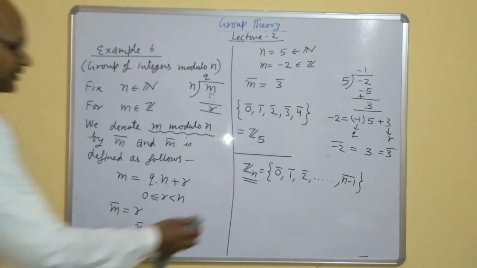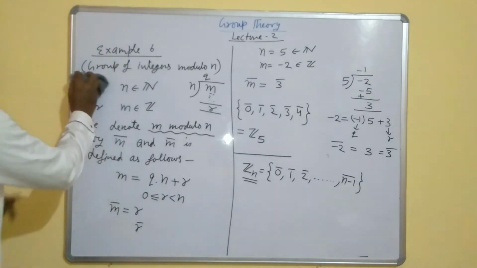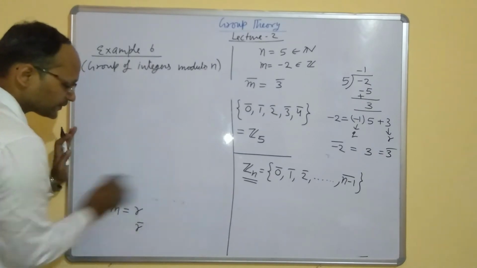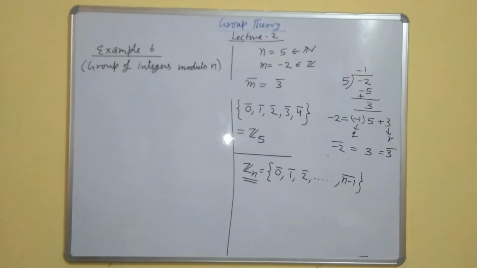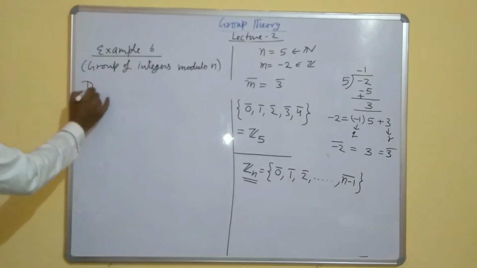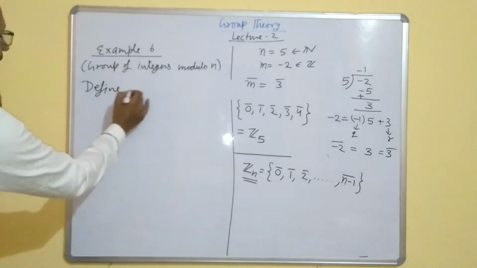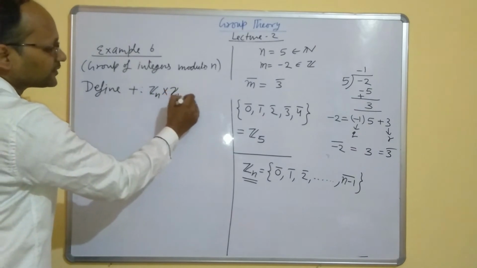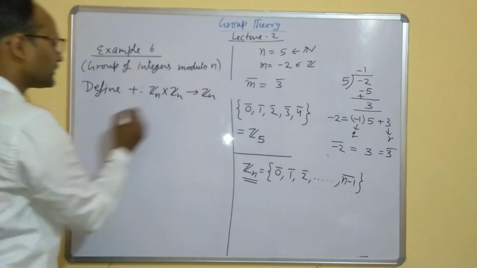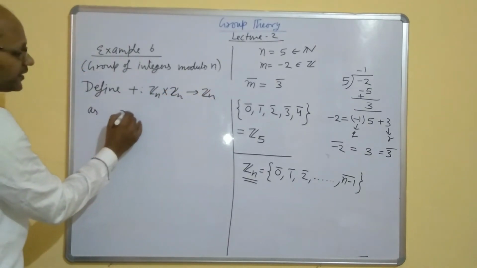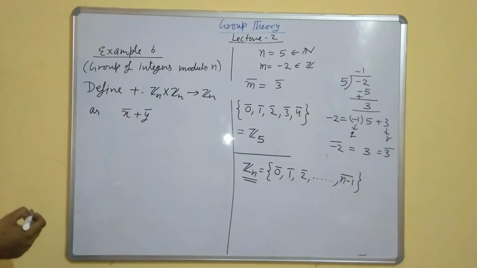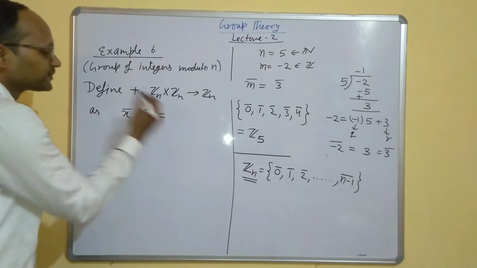So let us define an addition operation on this set. Define an operation plus from Zn cross Zn to Zn as follows.